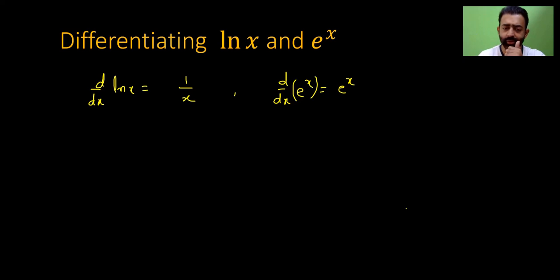So there are more general formulas. If dy/dx of ln ax is given, where a is just a constant, you will apply the chain rule here. What does the chain rule say? That you can assume ax as another variable t, so now the function is in terms of t.